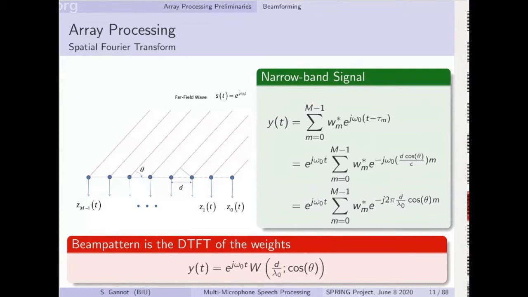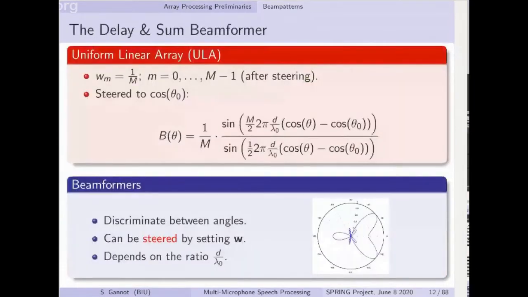In the next slide, we see a very famous member of this family of algorithms, which is the delay-and-sum beamformer. And you can see a beam pattern of the delay-and-sum beamformer. It actually directs a beam towards a certain direction, here 40 degrees, for instance.